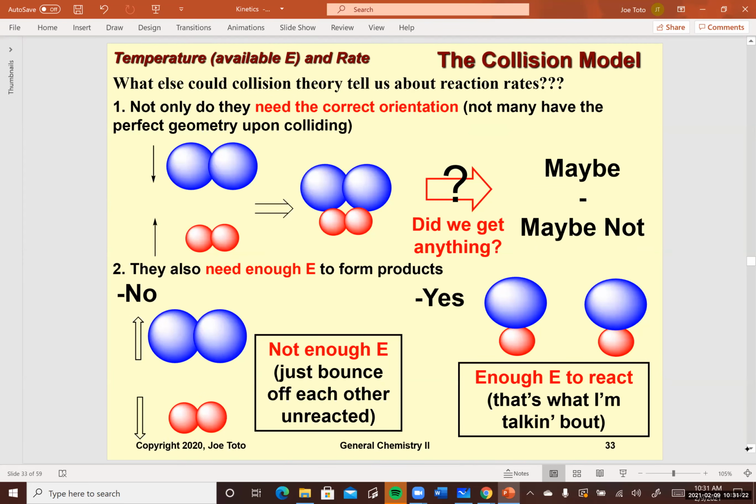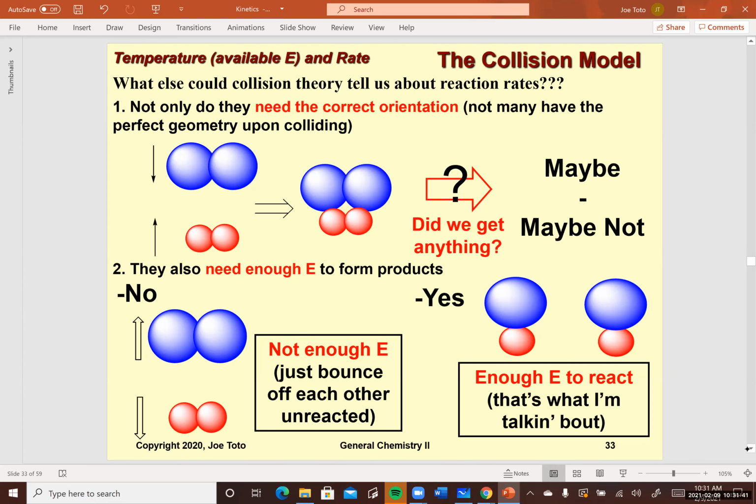So the question is, when they collide, will they react? And the answer is, well, maybe. Sometimes they will, sometimes they won't. So what are the factors that we should look at to tell us when they will and won't?